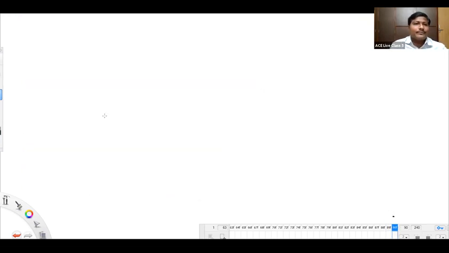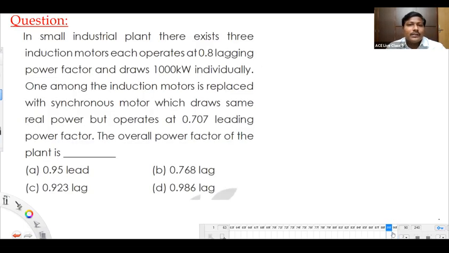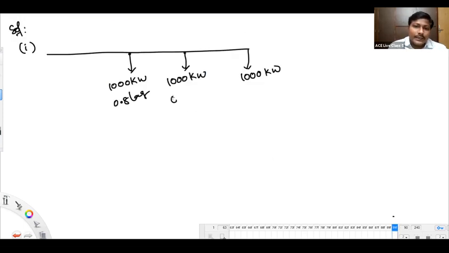Let's see in the next slide. Solution. Case 1: this is an industrial plant. We have 3 induction motors here. Each induction motor will draw 1000 kilowatt. Power factor is 0.8 lag each one.